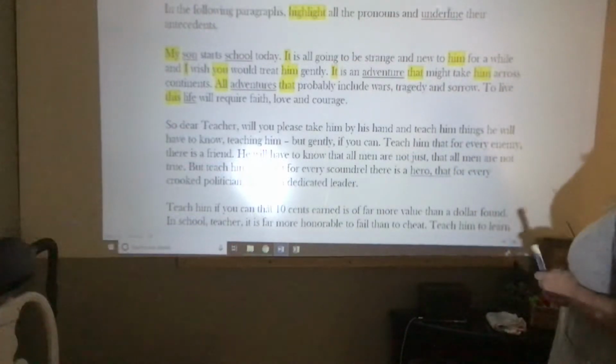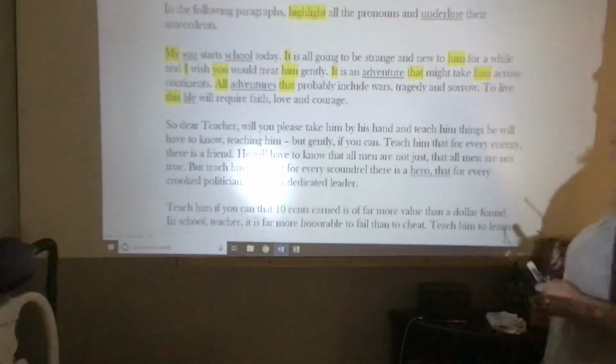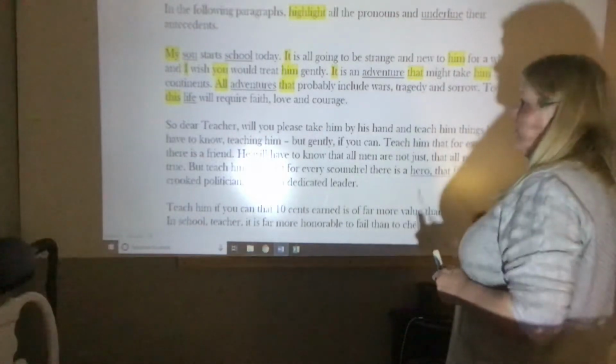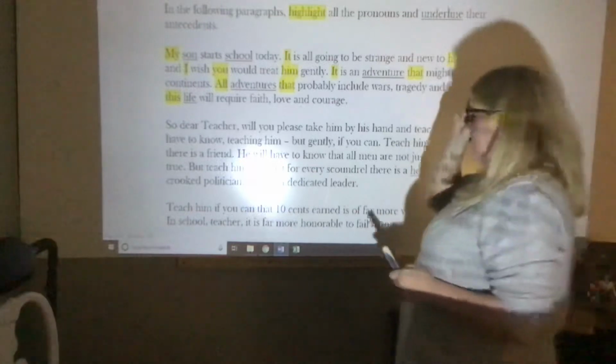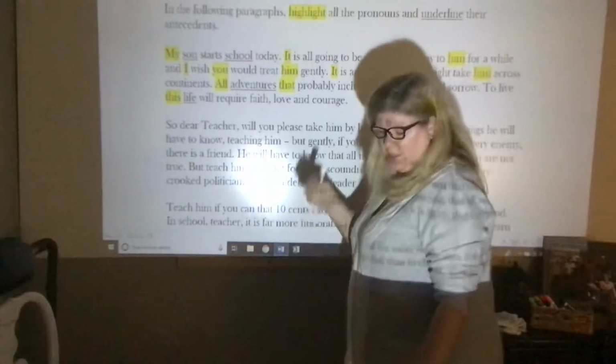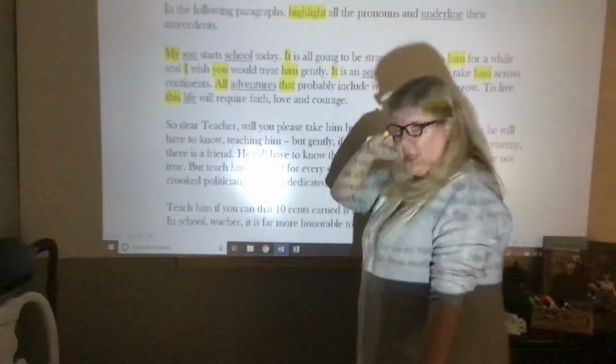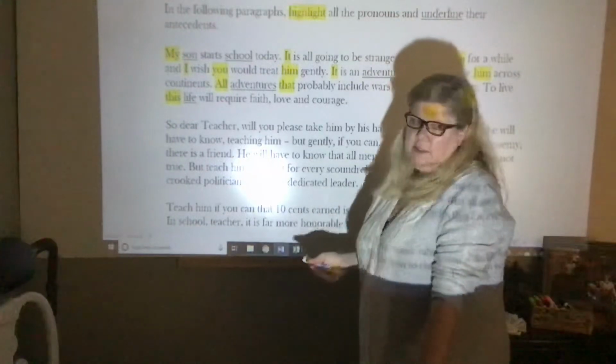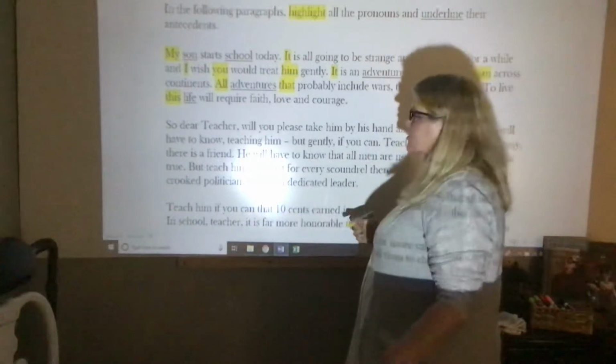It is an adventure that might take him across continents, all adventures that probably include wars, tragedy, and sorrow. To live this life will require faith, love, and courage." This is actually an excerpt from Abraham Lincoln's letter to the headmaster when he was sending his son off to boarding school.